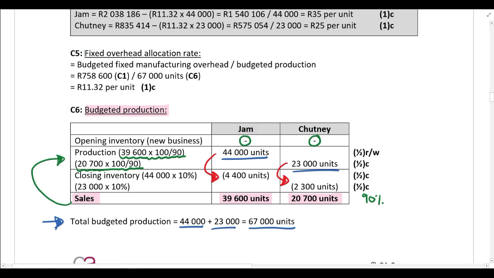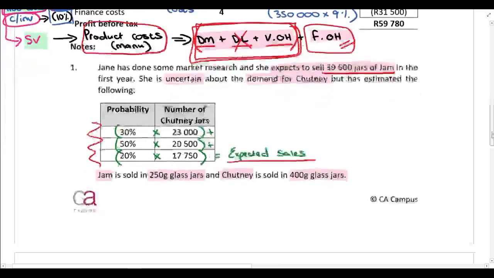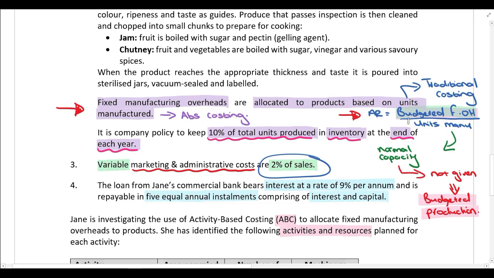So you can see that calculation just above in calculation 5, where we are going to take this budgeted fixed production cost over here, because that's how we calculate our allocation rate, remember? We take the budgeted fixed overhead and we are going to divide by budgeted production. We're calculating this fixed overhead allocation rate.